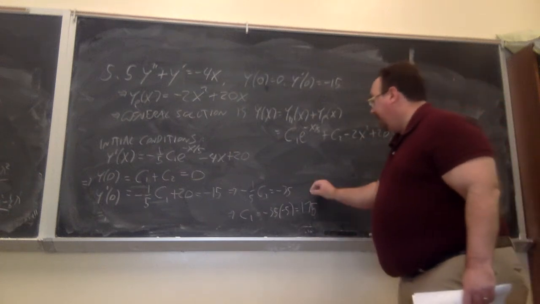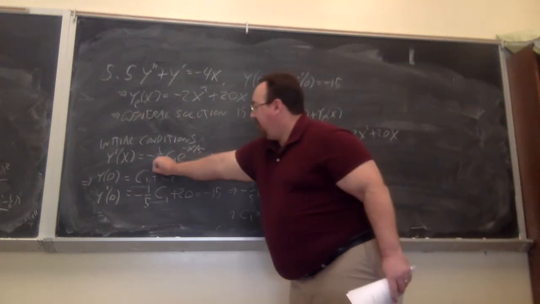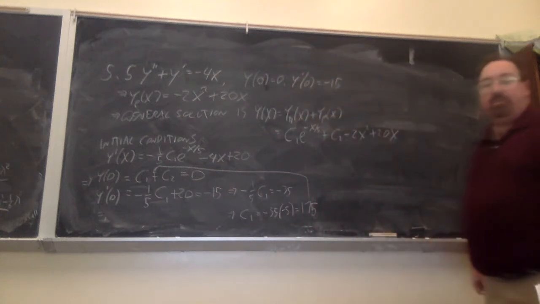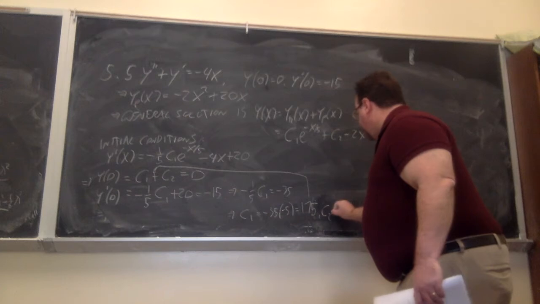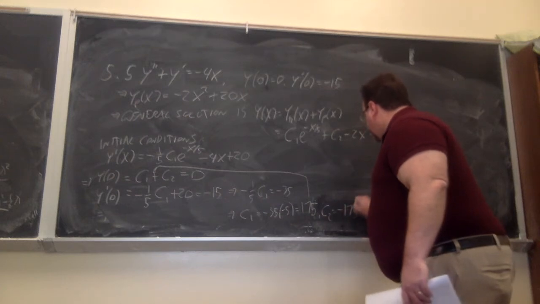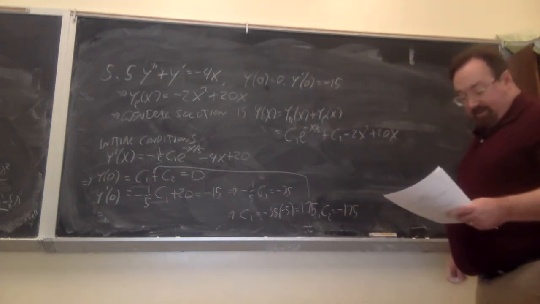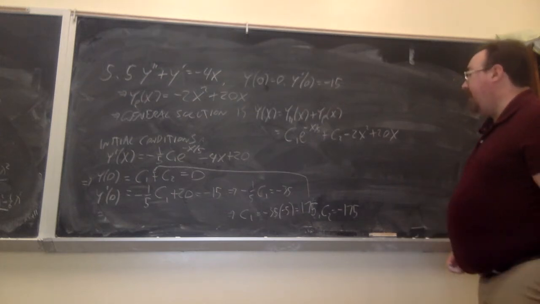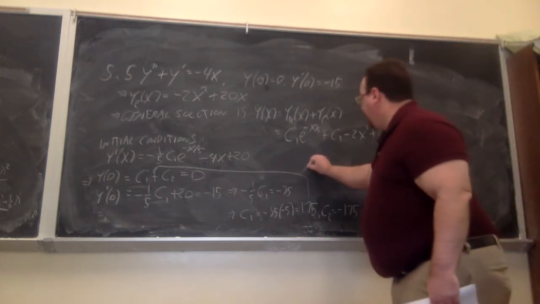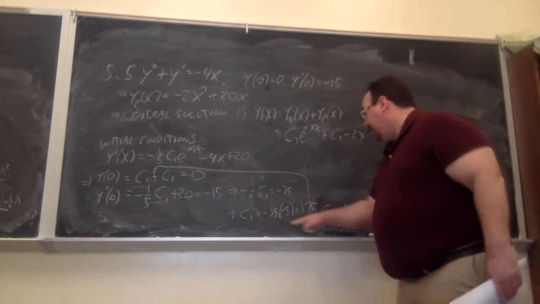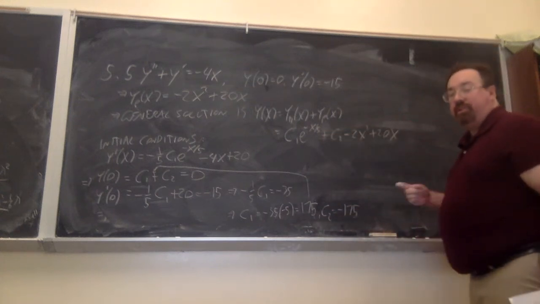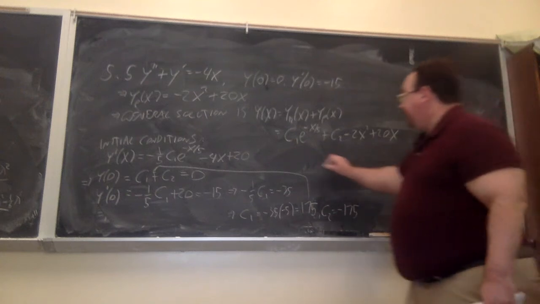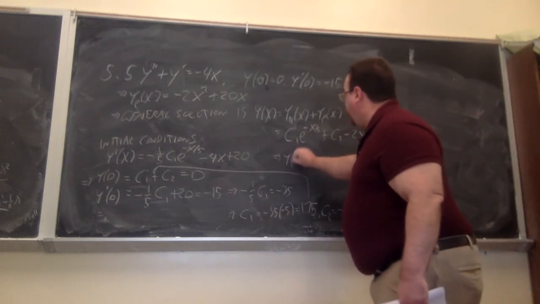And now I can take that value and substitute it into the other equation and get the value of C2. So that is minus 175. So now if I substitute these two values into here, which is my general solution, I have my final answer.